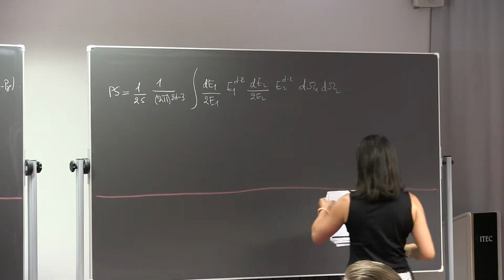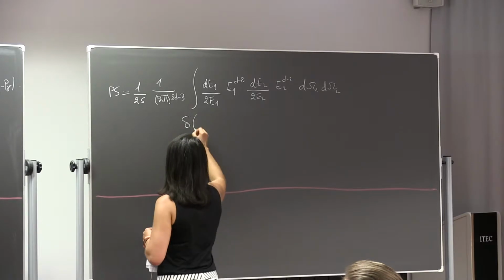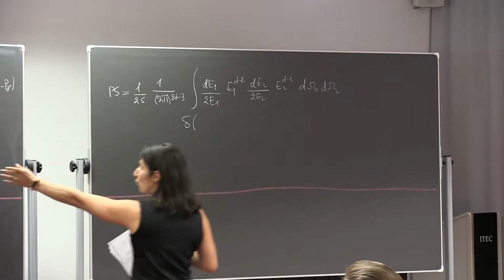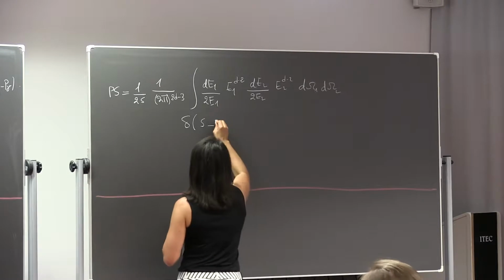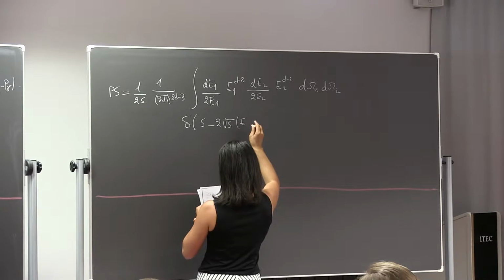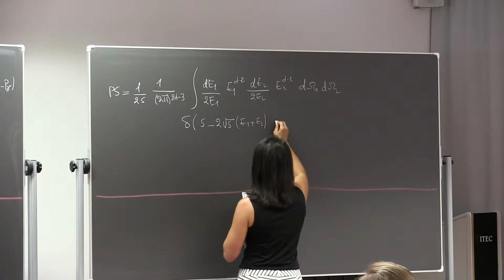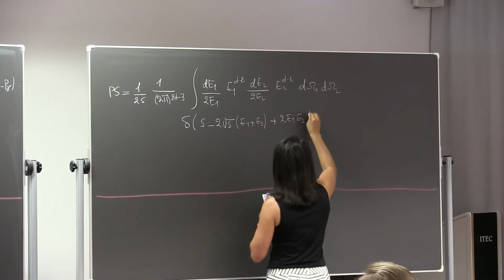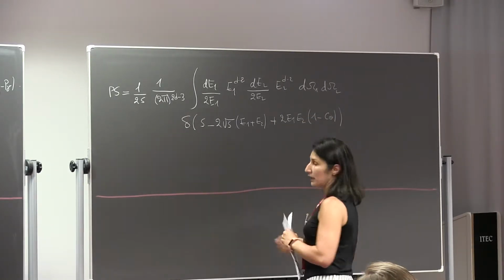These are my angular integrals, the omega 1, the omega 2. And then this square here becomes the following. Okay, so far so good.